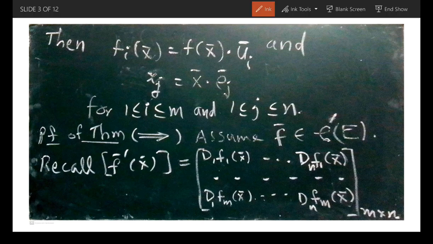If x is equal to the ordered n-tuple (x1, ..., xn), as in the previous slide, then what are those xj's? They are precisely x inner product ej, right?